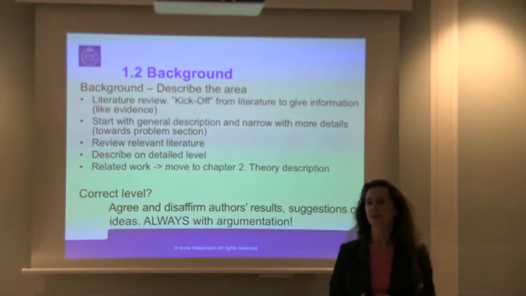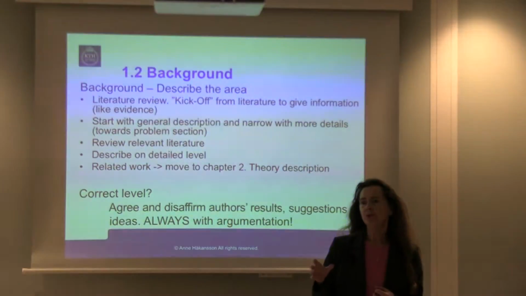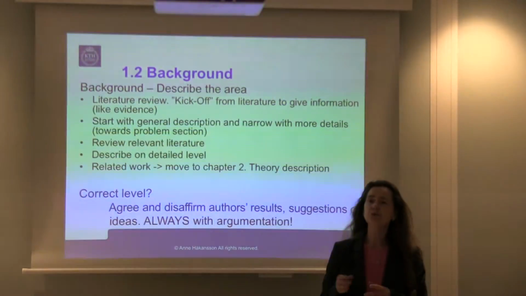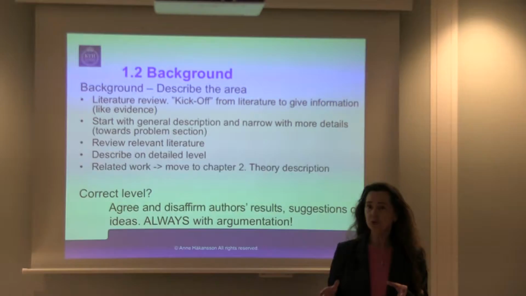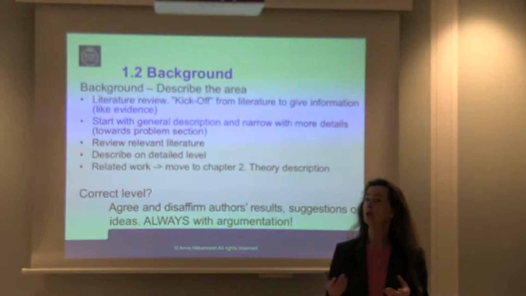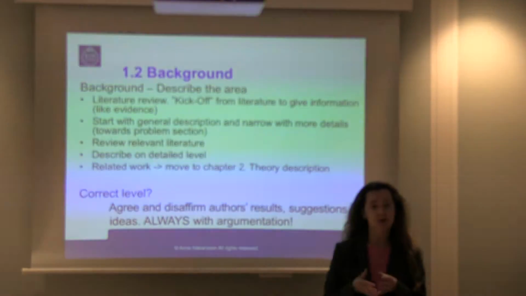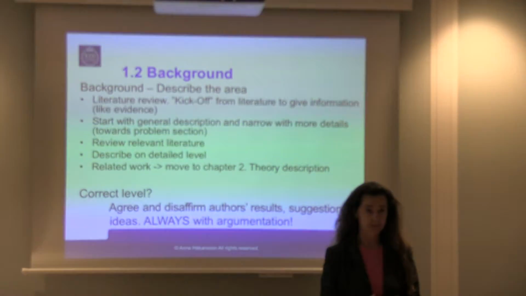But the thing is that you have some information, some experience in your area, but you need to tell the reader your definition, because there are so many different definitions. And we don't know which definition you are going to use.